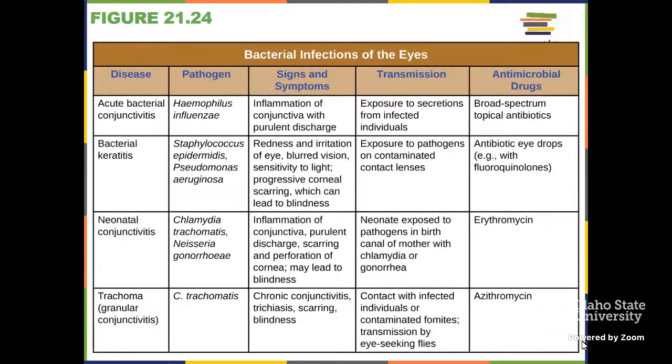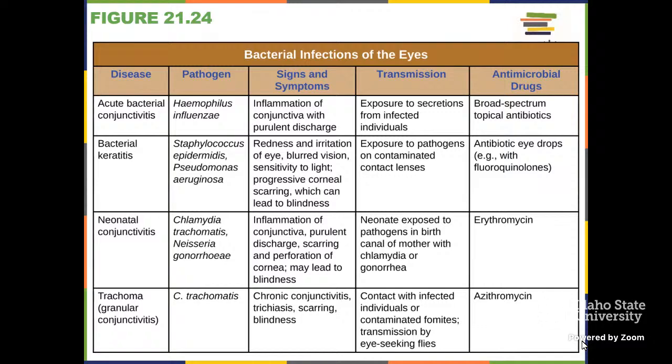So, bacterial infections of the eye. With our conjunctivitis, Haemophilus influenzae is one of the main players when we think about it causing pink eye. It's truly the one we focus on, all right? It's also very easily transmitted.